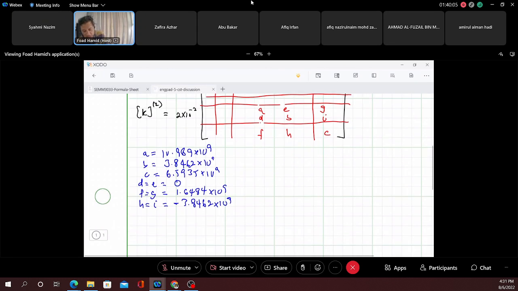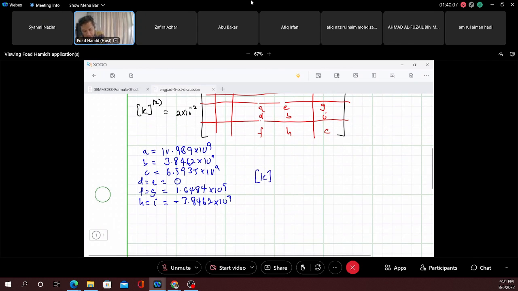So my K2 is just 2 times 10 to the power of 7 of all this number: 10.989, 0, 1.6484, 3.8462, minus 3.8462, and then 6.5935.